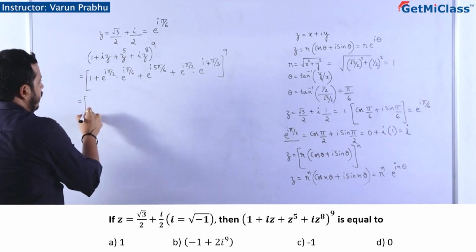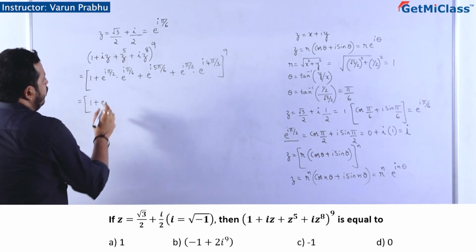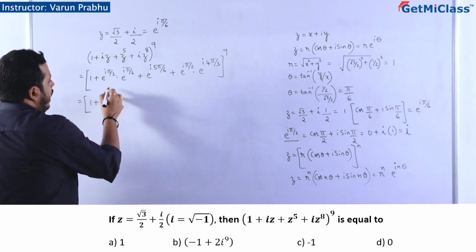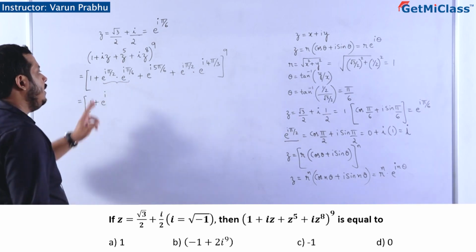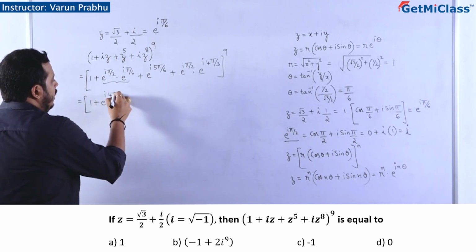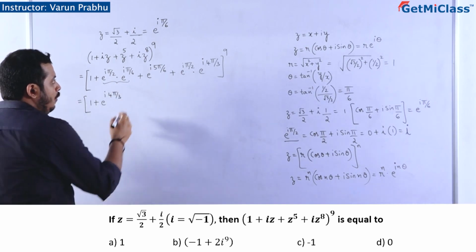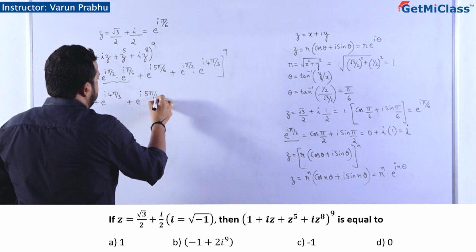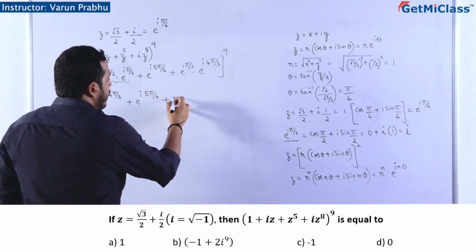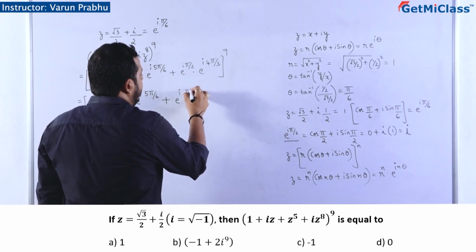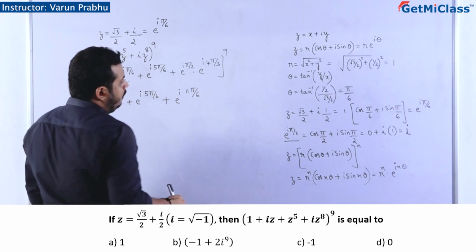So I can write this is equal to 1 plus e to the power a to the power m into a to the power n can be written as a to the power m plus n. 90 plus 30 is 120. I can write this as e to the power I into 4 pi by 3 plus e to the power I into 5 pi by 6 plus e to the power I into 11 pi divided by 6, correct or not?